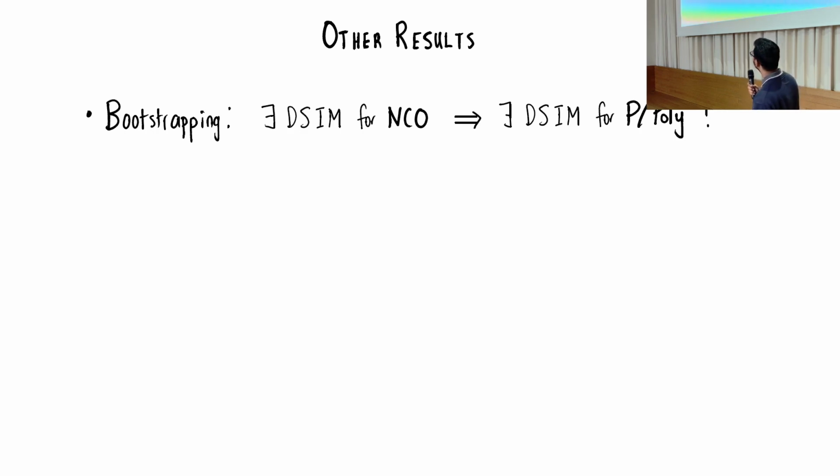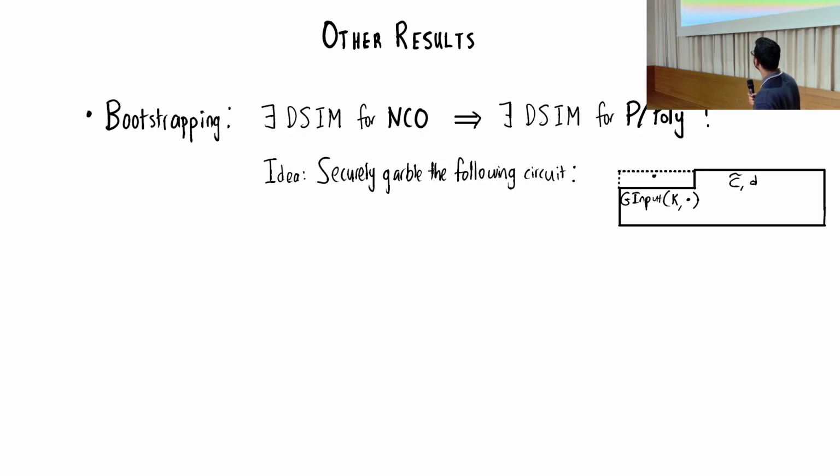So if you could do DSIM for shallow circuits with online complexity that's say big O of the size of x, then you could also do the same thing for poly circuits. And that would overcome the barrier you have for simulation definitions. But this is a conditional result. So we actually don't know yet if we can build DSIM for NC0.